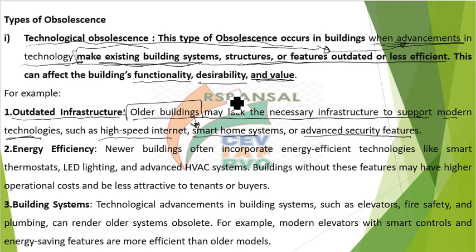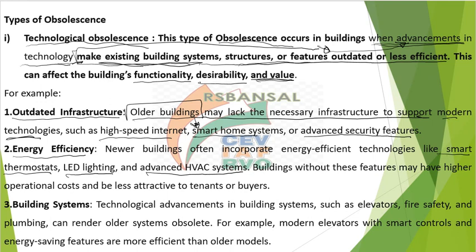And second thing is energy efficiency. These days the buildings are constructed energy efficient. Energy efficient means newer technologies are being incorporated in them, such as smart thermostats, LED lighting, or advanced HVAC systems, which were not there in the older buildings and which cannot be provided if the building is incapable of doing so.